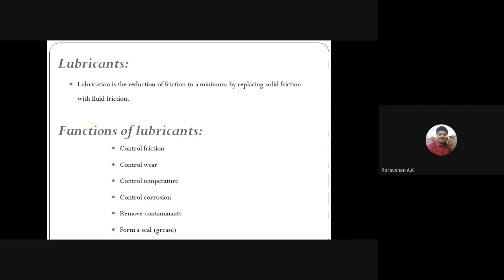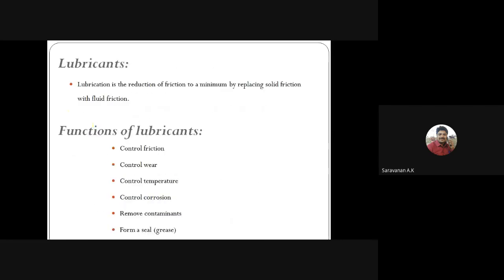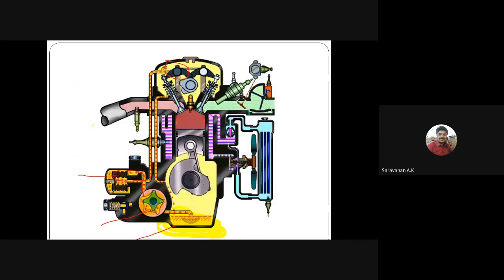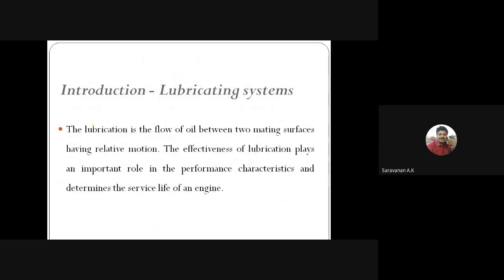So in this class we can stop here, right? Next class we can see the types of lubricants, properties of the lubricants and additives. In this class we discussed what is the lubricant, what is the lubrication, a brief introduction to the lubrication system.